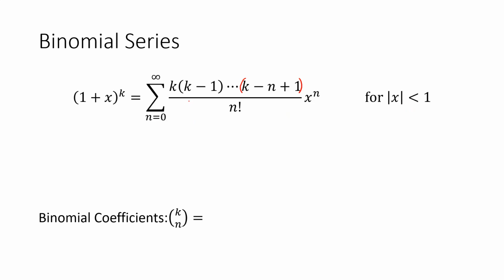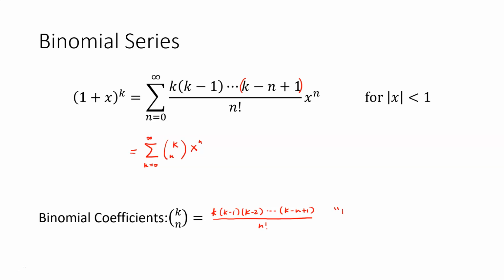Now these coefficients here, we can summarize with the formula k choose n, which is exactly that formula that we have there, k times k minus 1, k minus 2, and so on down to k minus n plus 1 over n factorial. So oftentimes a shorthand way that we can write this formula will be just k choose n, x to the n.